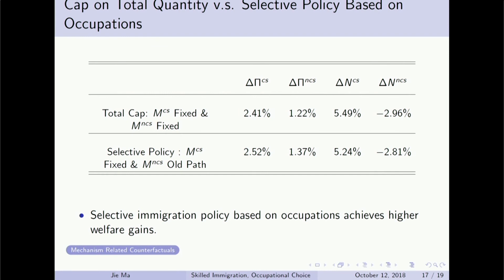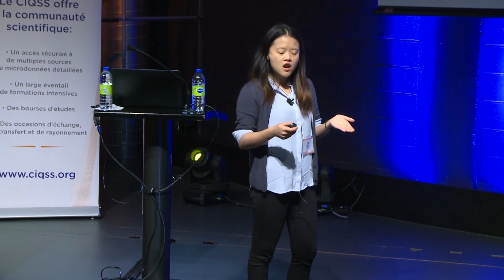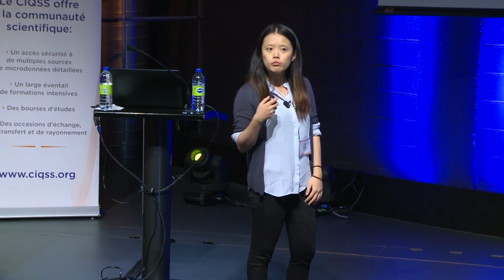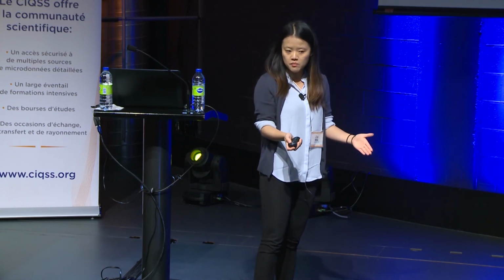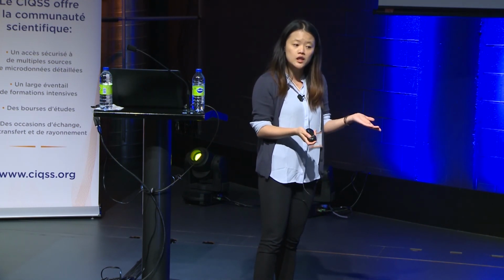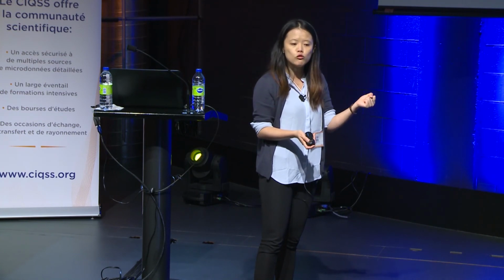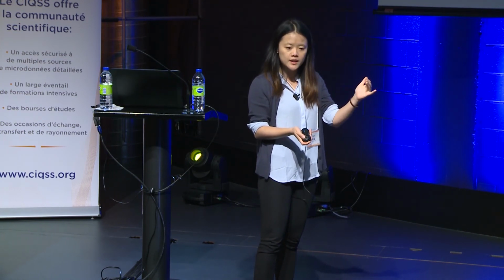There are more immigrants in this counterfactual economy, but domestic workers actually benefit from more immigrants as long as those immigrants work in occupations where complementarity exists. So they earn more, and the economy as a whole can benefit more. That's my argument here. I find the selective immigration policy can benefit the domestic worker more as opposed to a total cap on skilled immigrants.